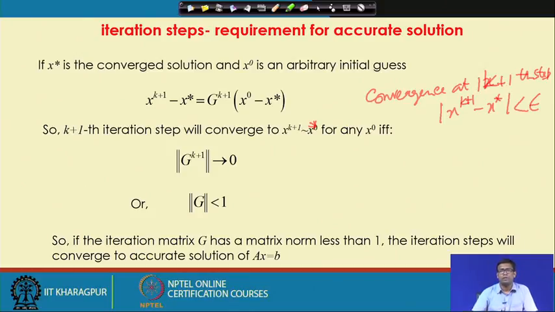We will look into it in the next classes, and also discuss how it is implemented by Jacobi and Gauss-Seidel, what is the exact form of G, and what are the exact matrix norms of G for different matrices if we think of Jacobi and Gauss-Seidel. We will look into this in the next few classes. Thank you.